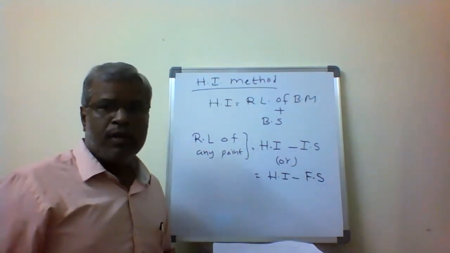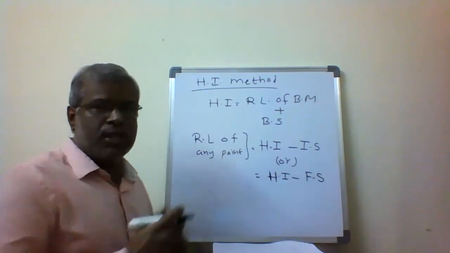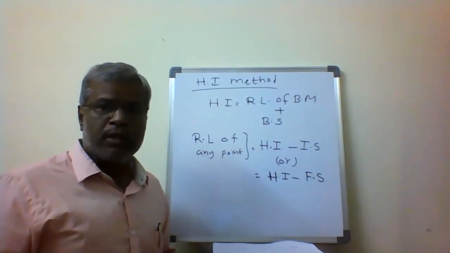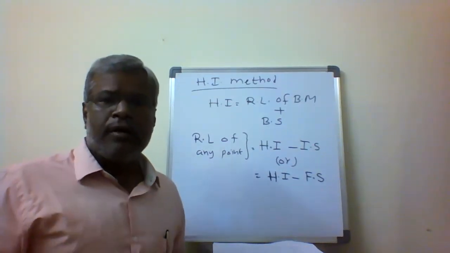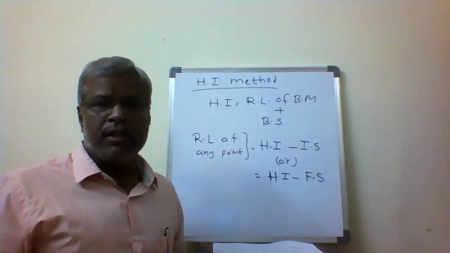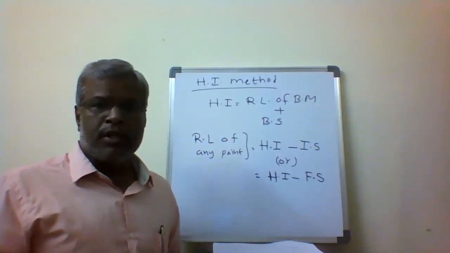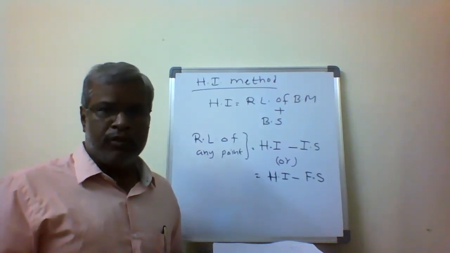So the reduced level or the elevations of the points I calculate using these relations. Height of the instrument is the known elevation of the benchmark plus backside reading, and the reduced level or elevation of any point is calculated based on the height of the instrument. If it is an intermediate sight, it is subtracted from the height of the instrument, and we get the reduced level or elevation of that point.